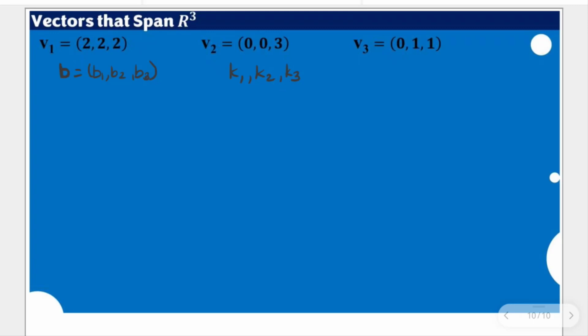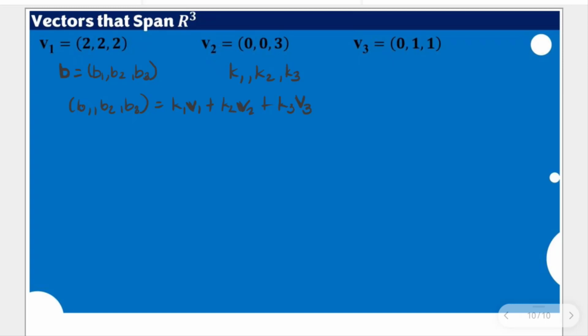They are all scalars, in such a way that (b sub 1, b sub 2, b sub 3) is equal to k sub 1 v sub 1 plus k sub 2 v sub 2 plus k sub 3 v sub 3.